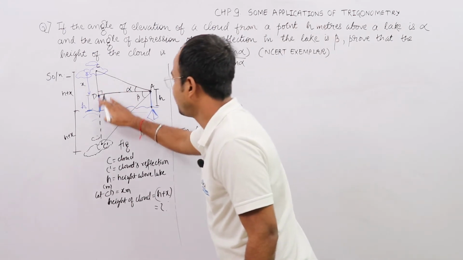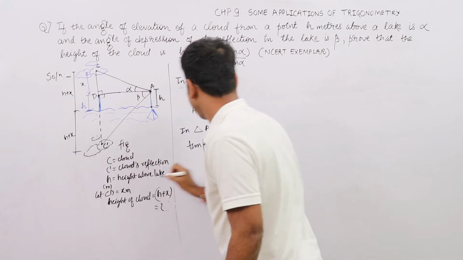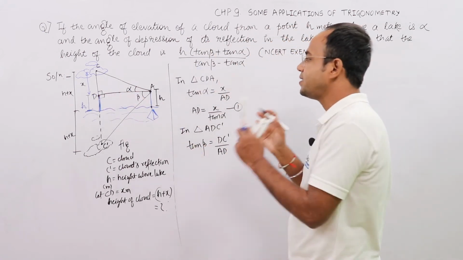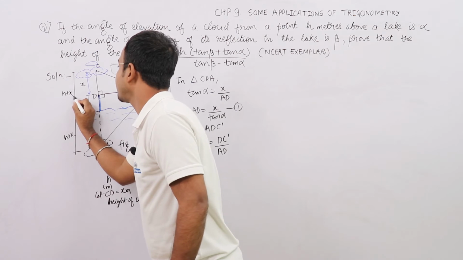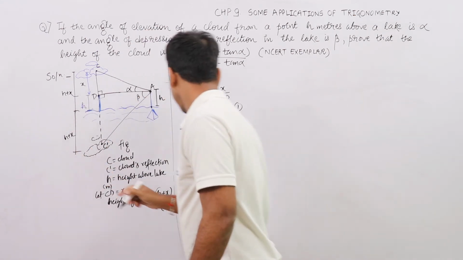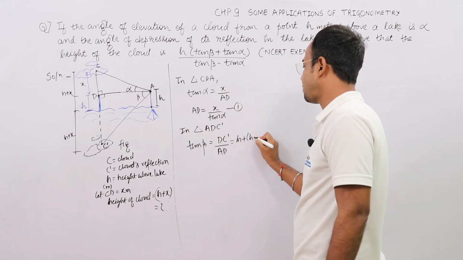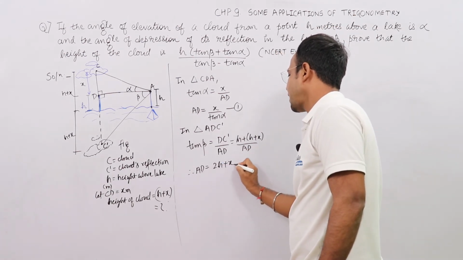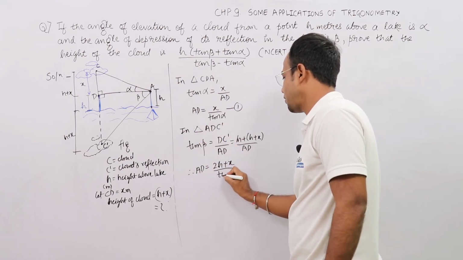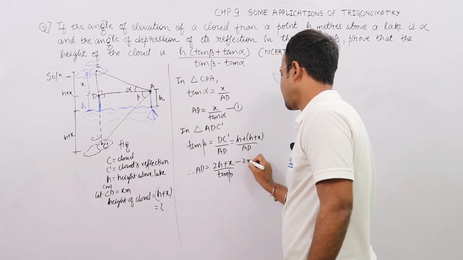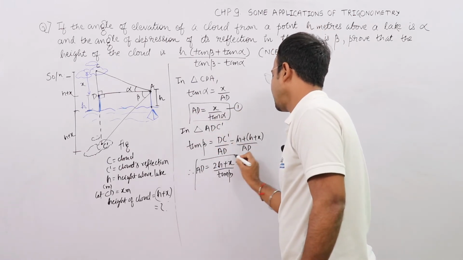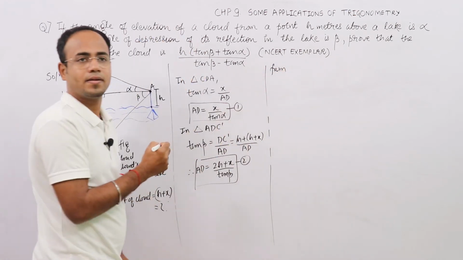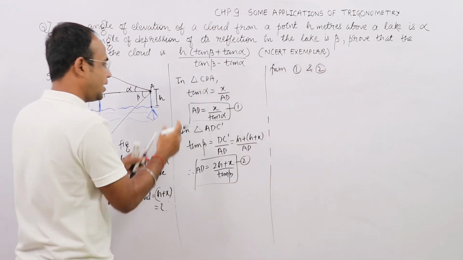So tan beta will be the whole distance from D to DC dash upon AD. DC dash is made up of h, plus h, plus x, so it is 2h plus x, upon AD. So AD will come out to be 2h plus x upon tan beta. Now from equations 1 and 2, AD equals AD.